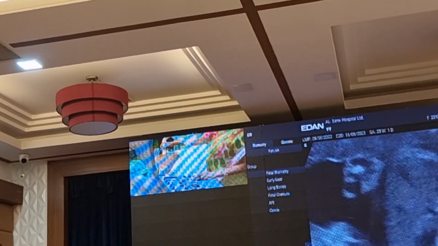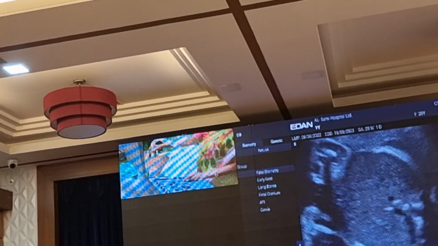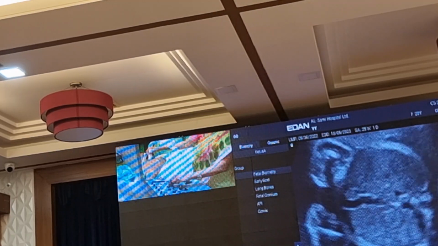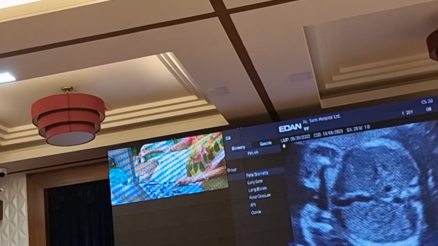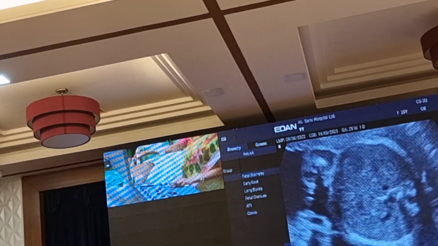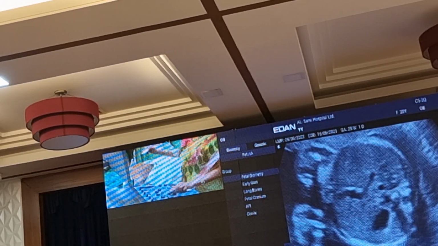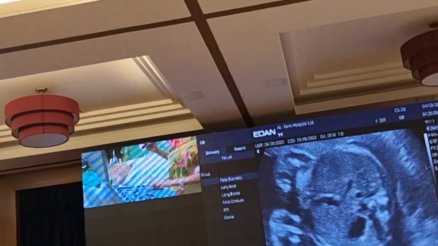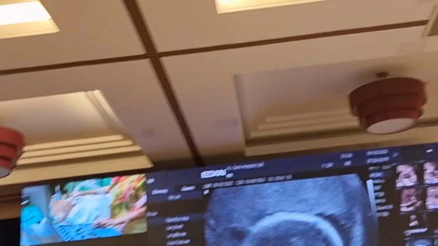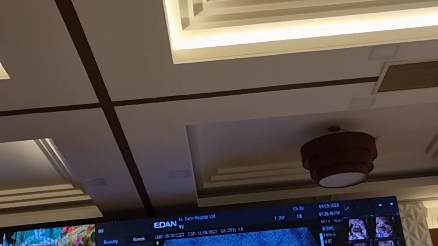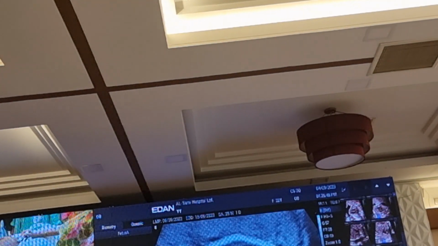Transthalamic view. Abdomen. Transventricular view.